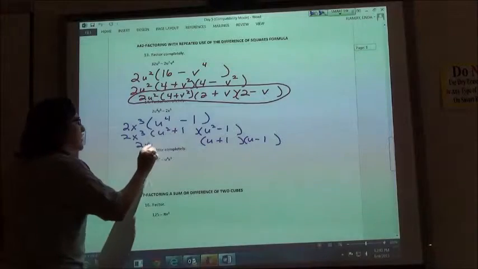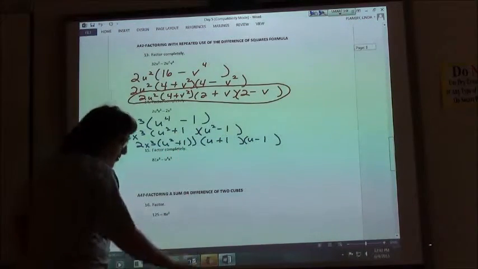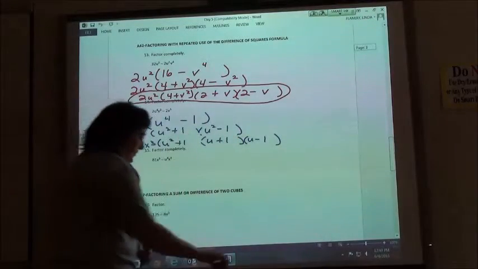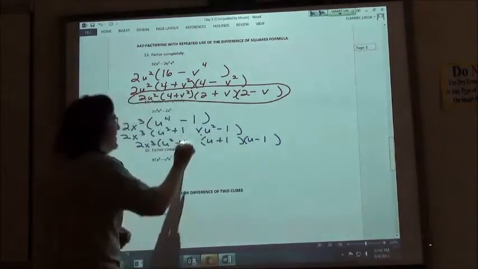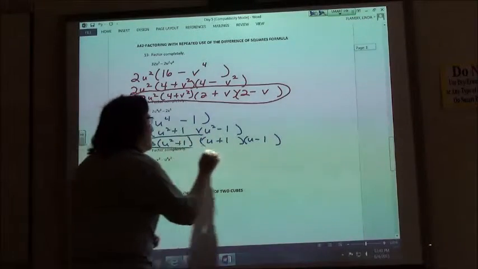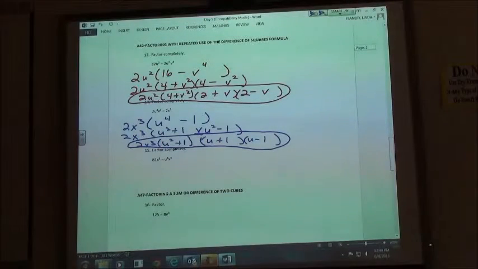So we get 2x cubed times u squared plus 1. Whoops, I don't need that parenthesis there. What am I doing? So 2x cubed times u squared plus 1 times u plus 1 and u minus 1.